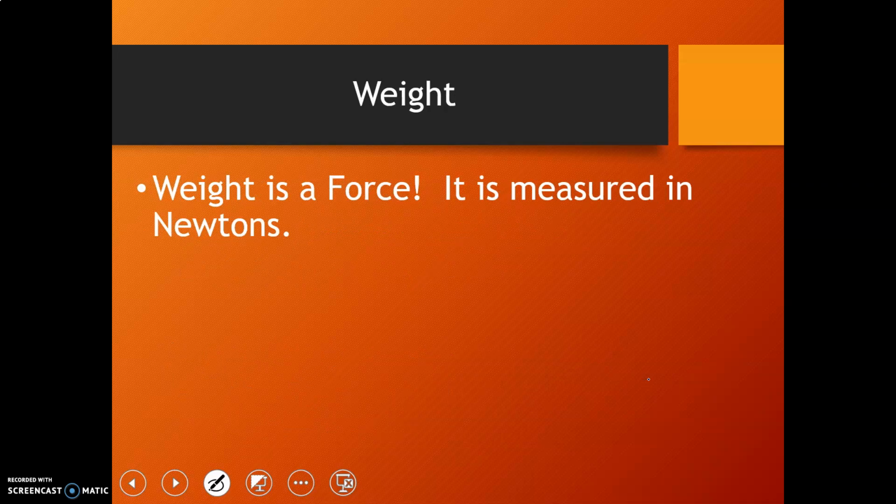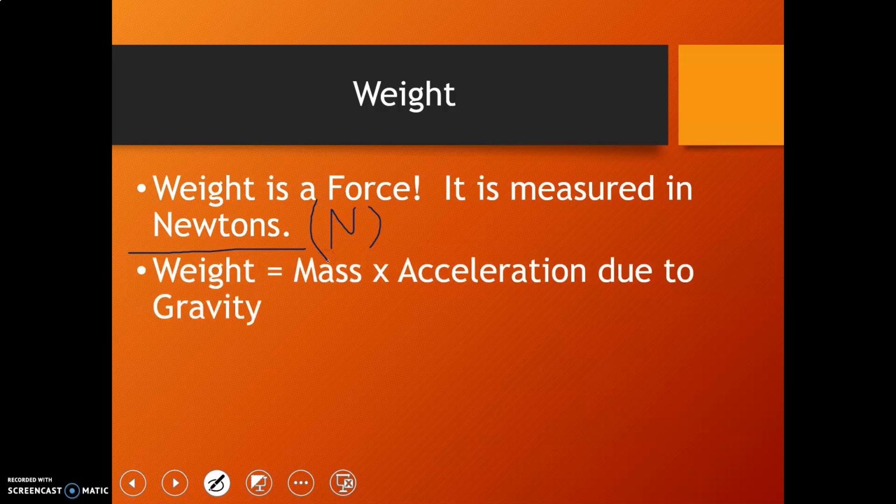So weight is a force. It is measured in newtons. I know that everyone's used to saying, oh, I weigh 100 pounds. That's fine to say, but just know in physics class, weight is going to be measured in newtons. And remember, newtons is a big capital N.